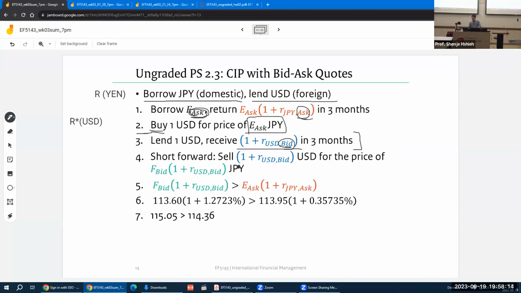So we want to sell precisely that amount, 1 plus R USD bid, in exchange for this price, F. Because we're selling, we can only sell at the lower F, the bid. So sell low.